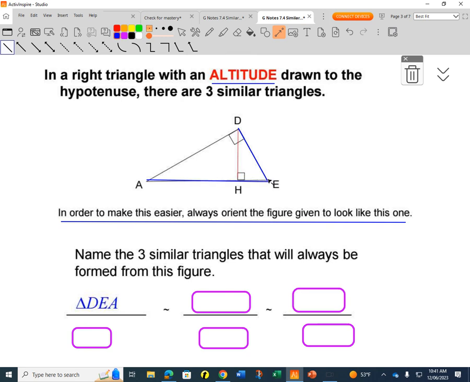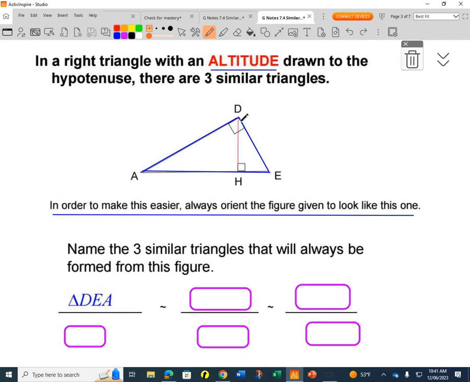DEA is the big triangle. When we named it DEA, it's going to help us remember where we started in our path around. It could be named triangle EDA, it could be named triangle AED. But since we picked triangle DEA here, now we have to name the other two triangles in the same order.